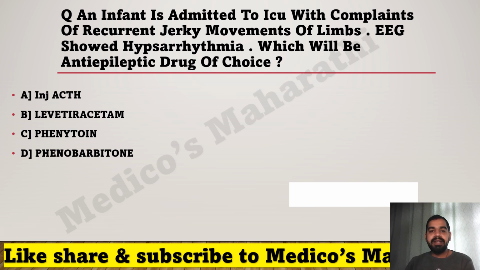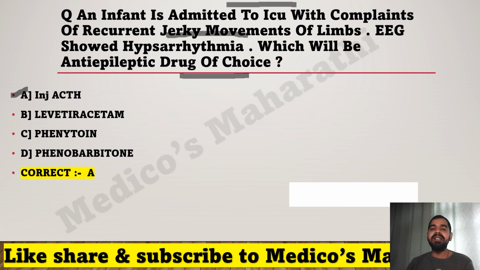An infant is admitted to ICU with complaints of recurrent jerky movements of limbs. EEG showed hypsarrhythmia. Which will be the anti-epileptic drug of choice? So my dear friends, here the correct choice will be option number A, that is injection of ACTH.